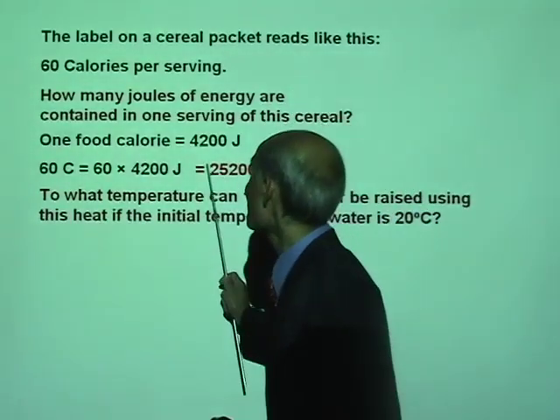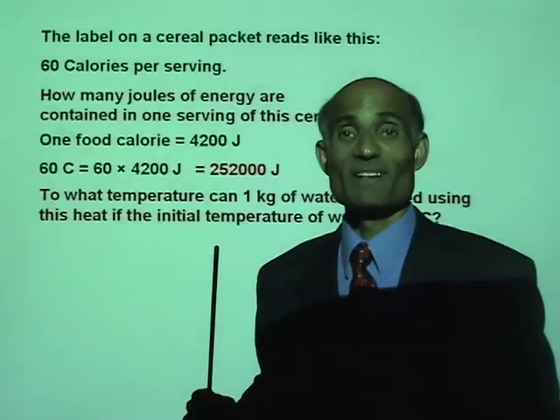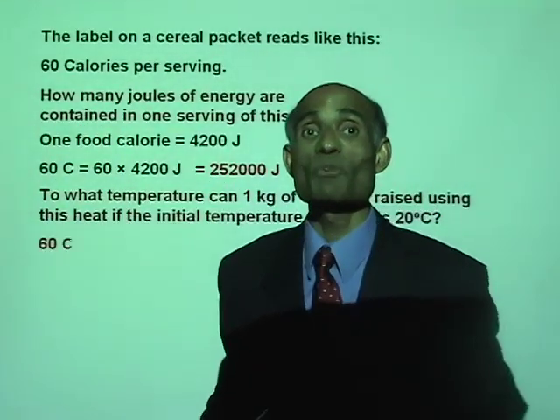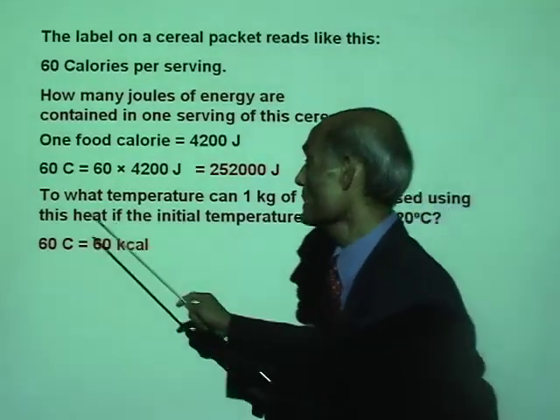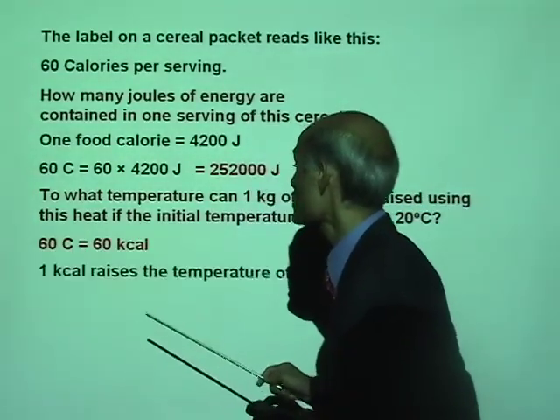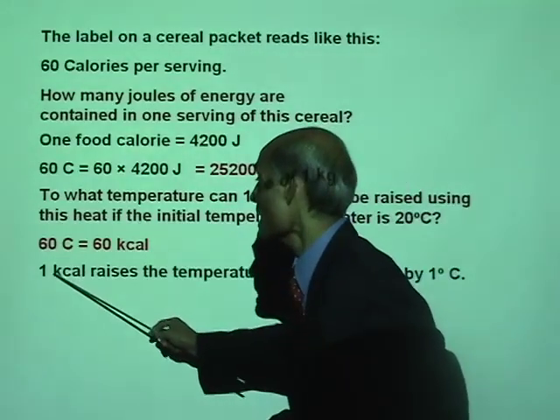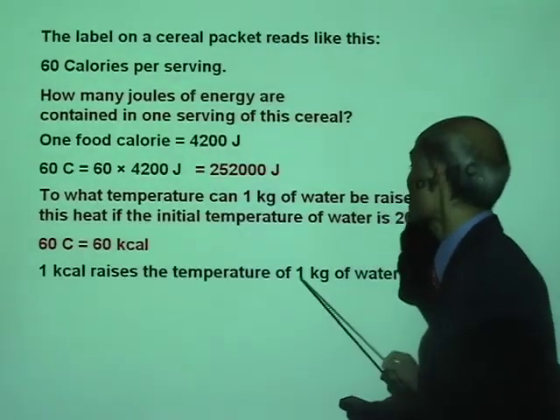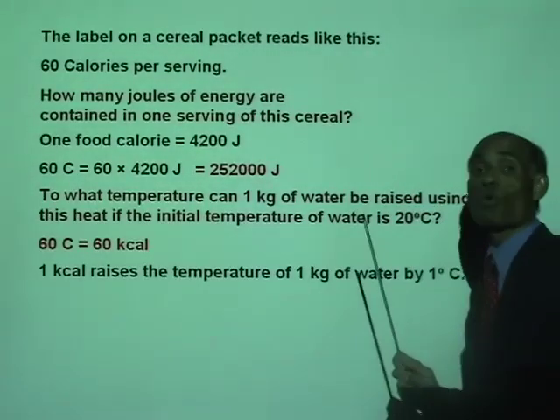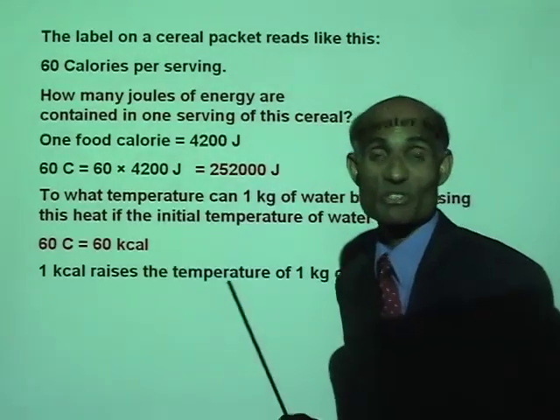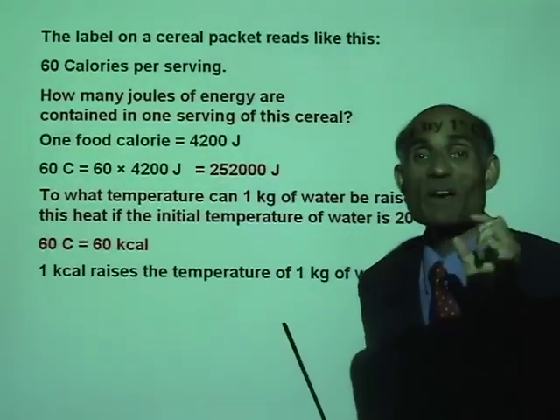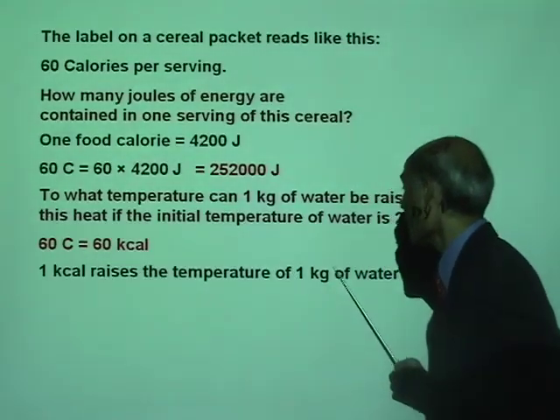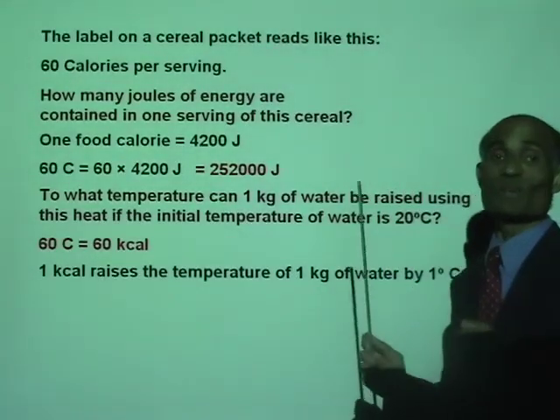Therefore, using this much of heat, how many degrees Celsius can you heat 1 kilogram of water? Well, 60 calories is 60 kilocalories, and 1 kilocalorie raises the temperature of 1 kilogram of water by 1 degree Celsius. Is that right? 1 kilocalorie, that is 4,200 joules, will raise the temperature of 1 kilogram by 1 degree.